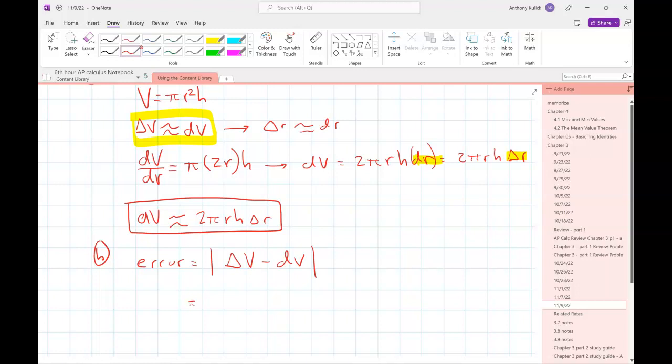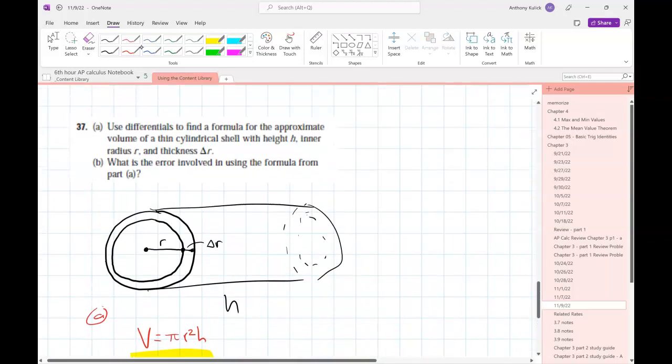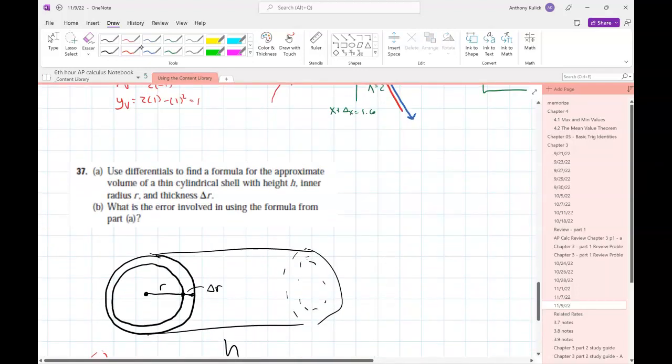Okay. And now I can see pretty quickly from the context of this problem, if I'm calculating the actual volume versus this approximation where we're just using the inner radius and the thickness, that's going to be an underestimate.